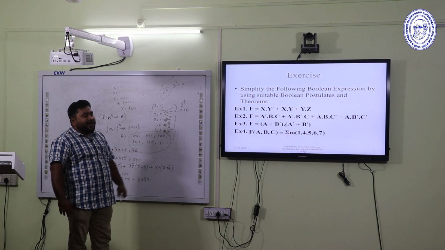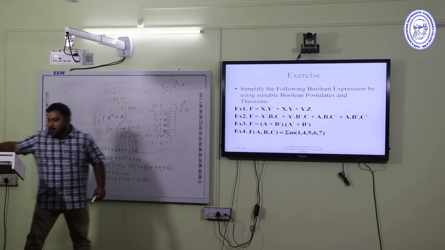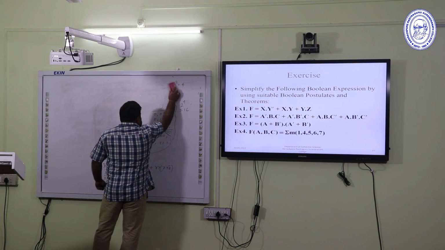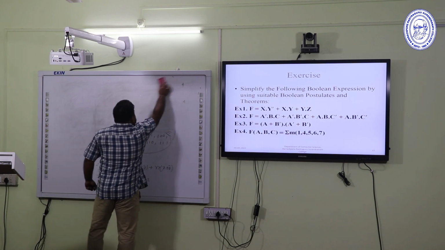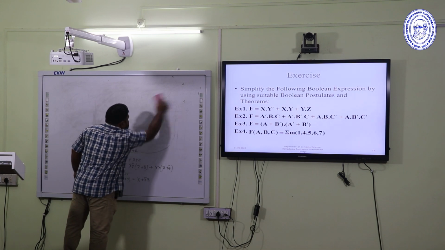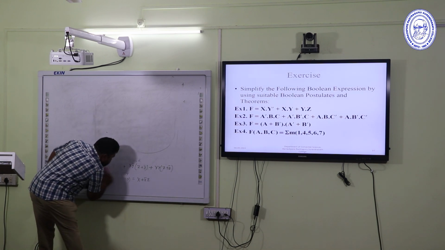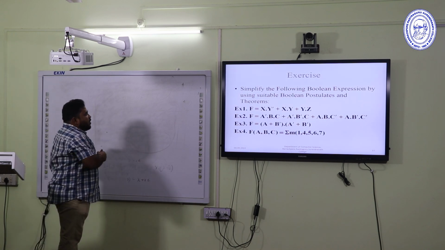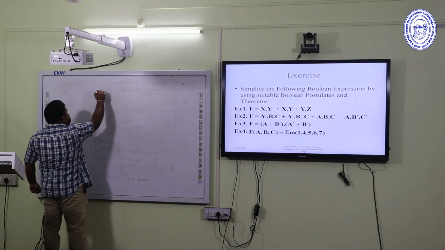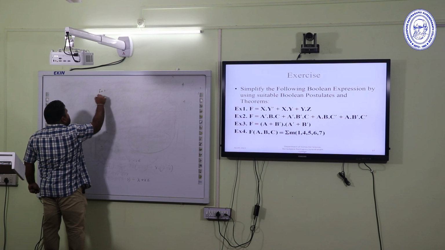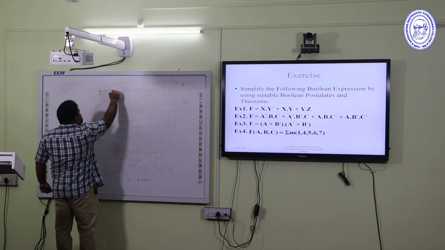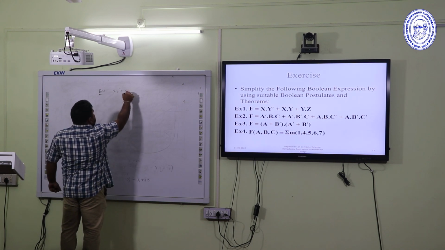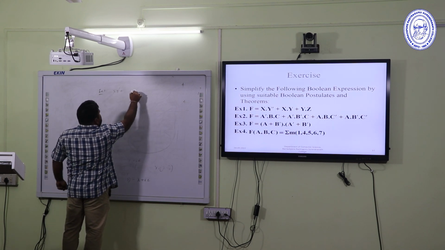Now these are the exercises. I'm taking some of them and doing them, just one or two. For example, if we take example 1, that is x dot y prime plus x dot y plus y dot z.